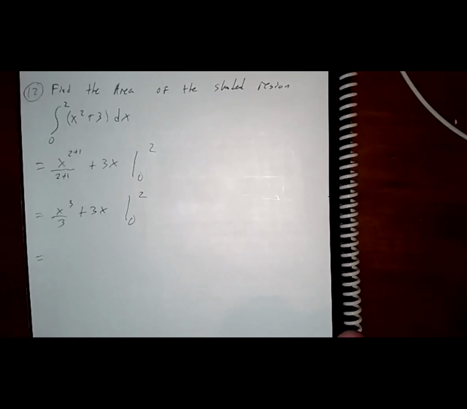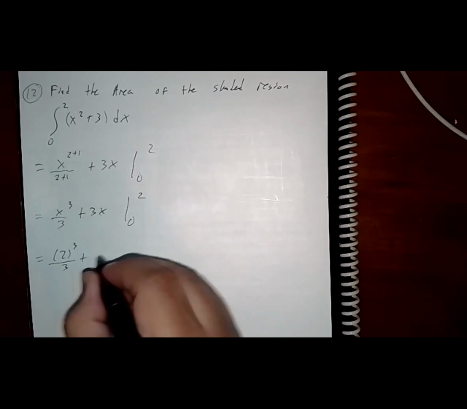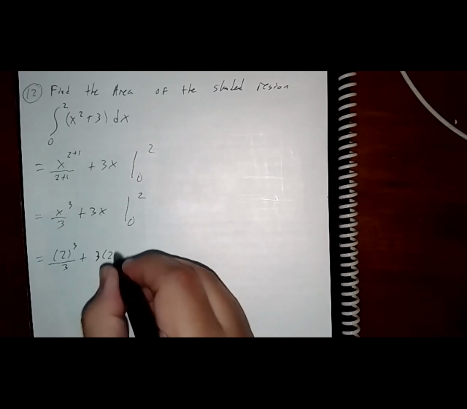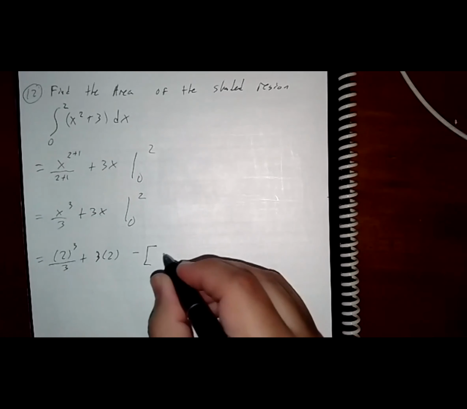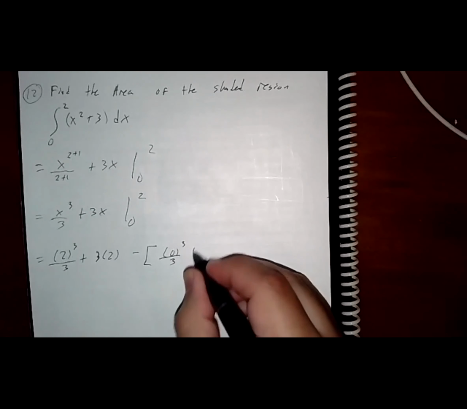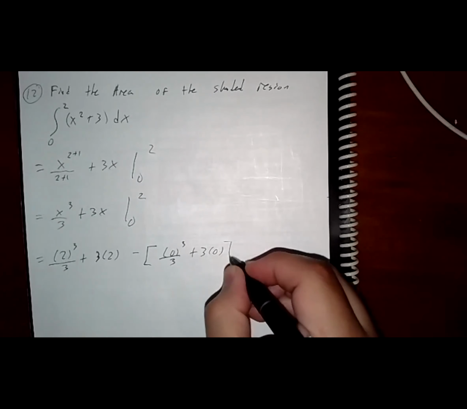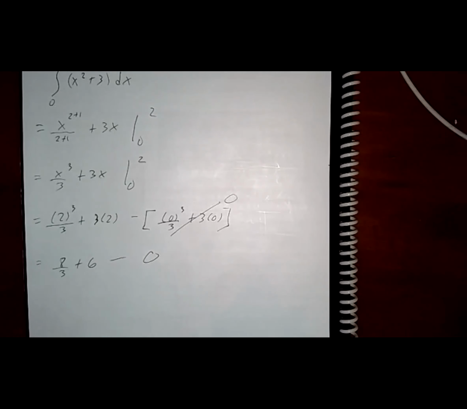Then the fundamental theorem says plug in the 2 first, minus plug in the 0. So that'll be 8 thirds plus 6 minus 0, of course. Anyway, add those together.